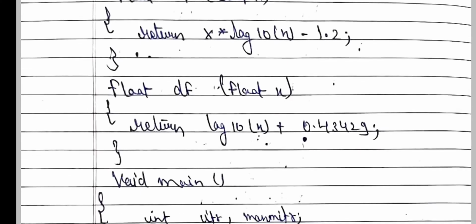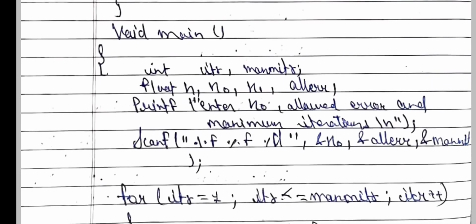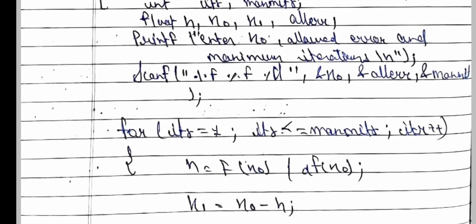It also gets the float x variable. It has the equation log 10 x plus 0.43429. Now the main function will begin, that will get the value, iteration and maximum iteration, x1, x0, and error from the user, and scanf it.